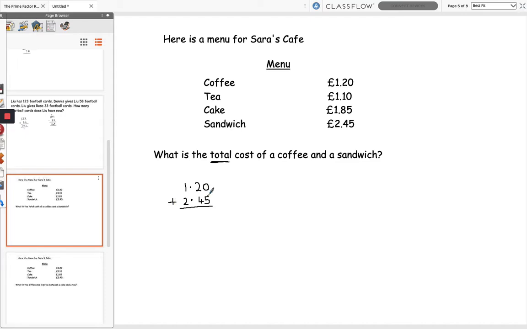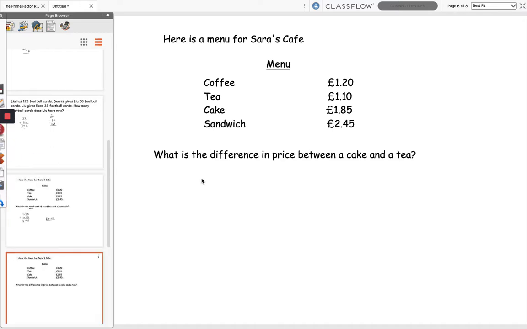So 0 add 5 is 5, 2 add 4 is 6, line my decimal point up, and 1 add 2 is 3. Now, because we're talking about money here, we must remember to give our units, which is pounds, in the final answer. So the total cost of a coffee and a sandwich is £3.65.